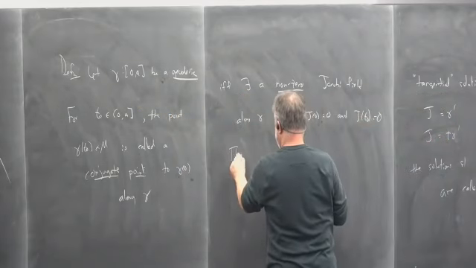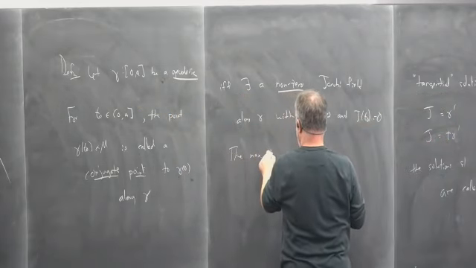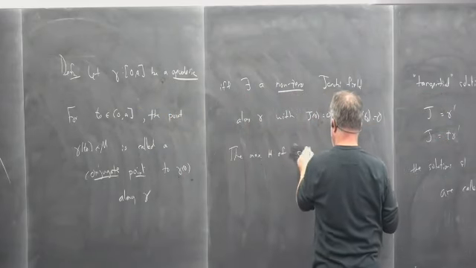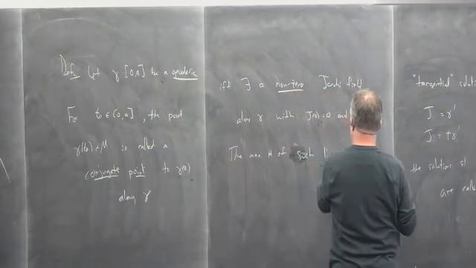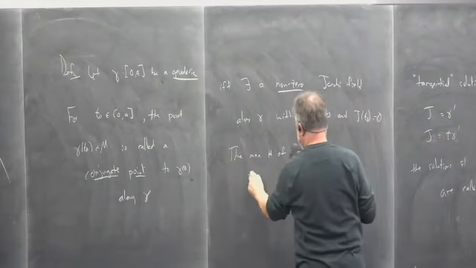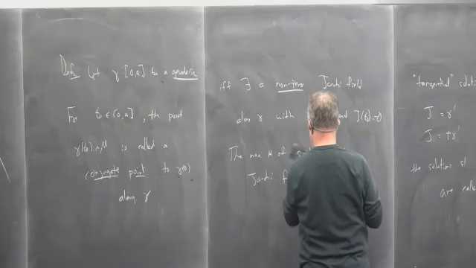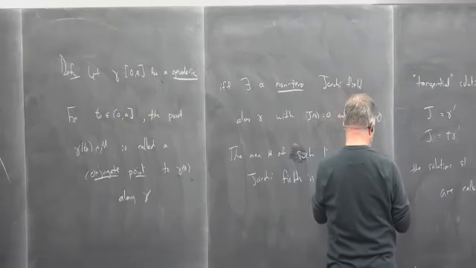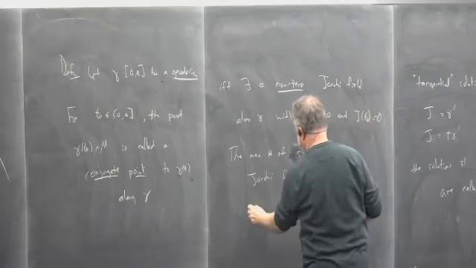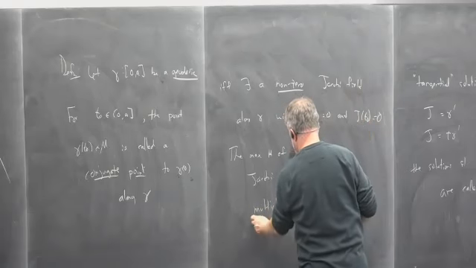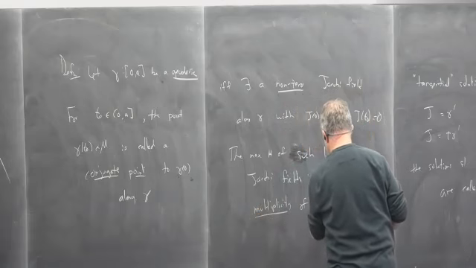And the maximum number of such linearly independent Jacobi fields is called the multiplicity of the conjugate point.